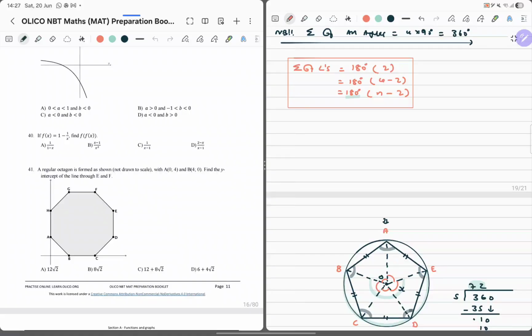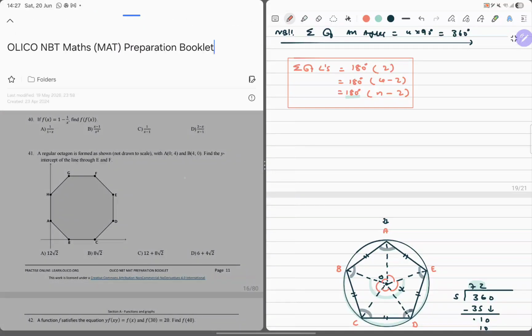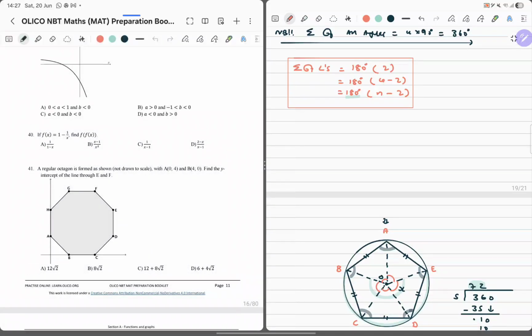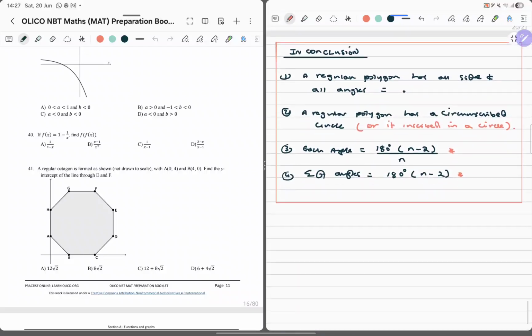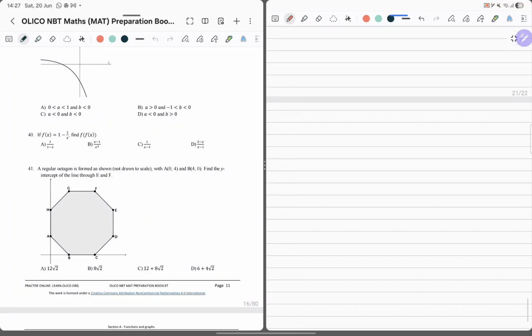Right, folks, so I found this. Remember, this is from the booklet that I sent you already, the Oli Core booklet. So let's try to practice using this knowledge on such stuff. So we're going to take this question 41 from the Oli Core booklet.